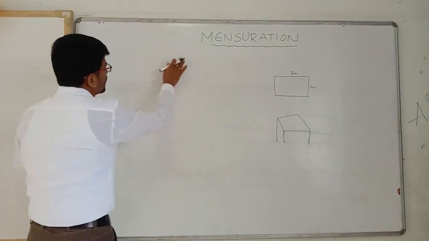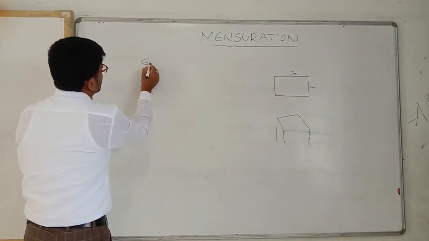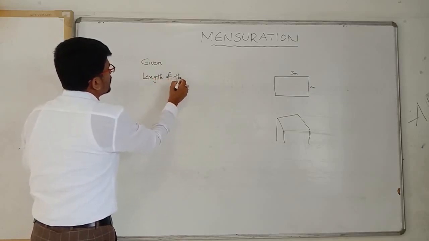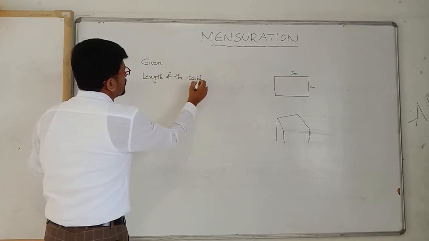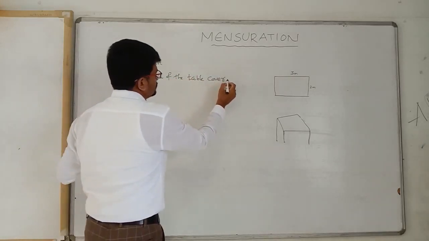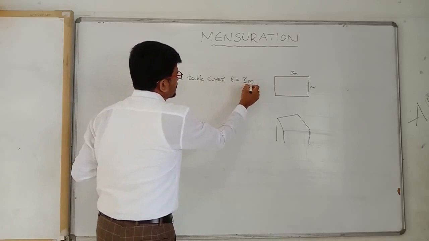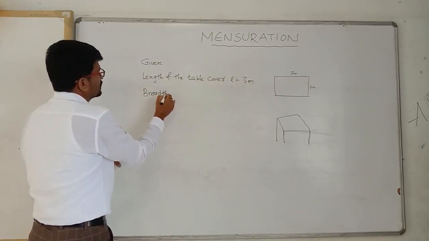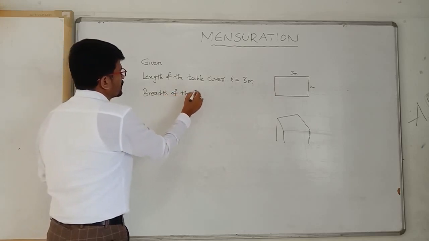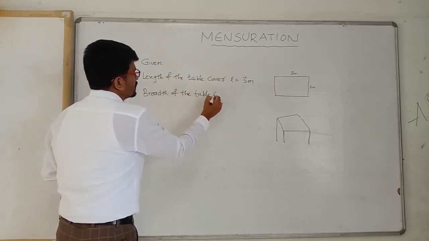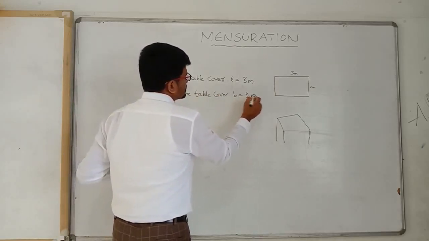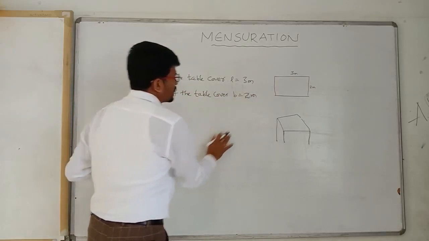So how can we write the given? Length of the table cover L is equal to 3 meters and breadth of the table cover B is equal to 2 meters. Am I right, children?